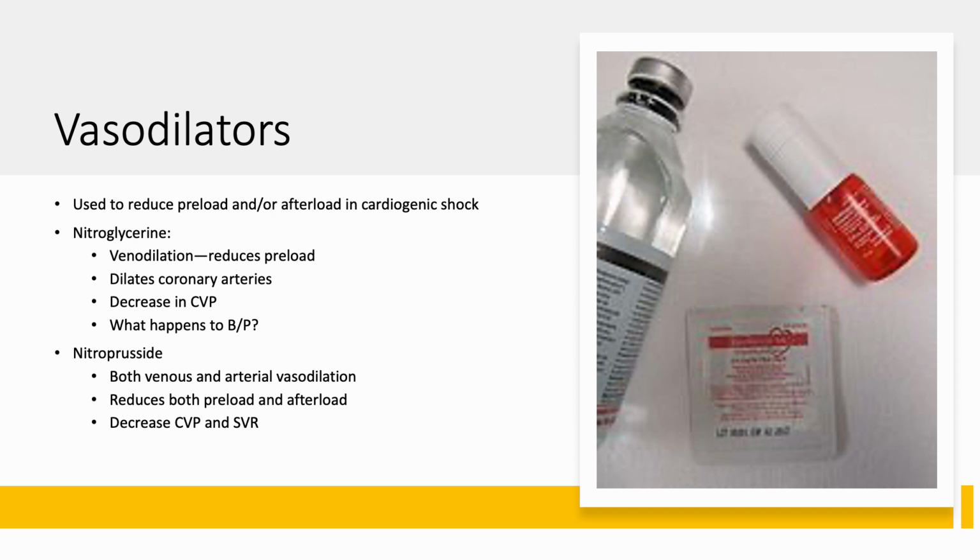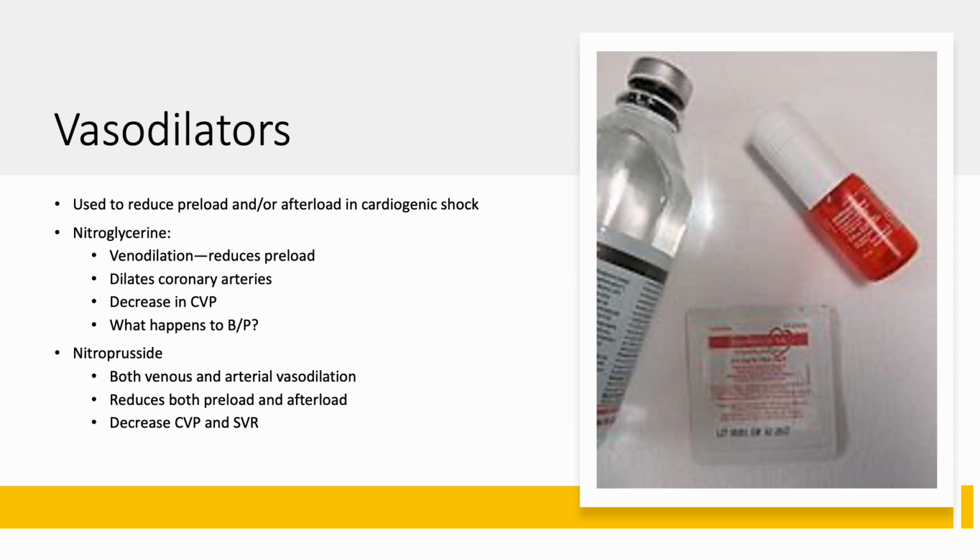Now, nitroprusside, unlike nitroglycerin, dilates both veins and arteries, reducing both preload and afterload. This dual effect makes nitroprusside especially useful in severe cases of cardiogenic shock, as it decreases the heart's workload from both directions.